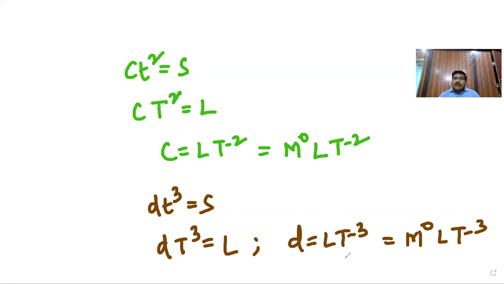Hence, the dimensional formulas of A, B, C, D are derived from the principle of homogeneity. Is it clear? I think you have understood this.